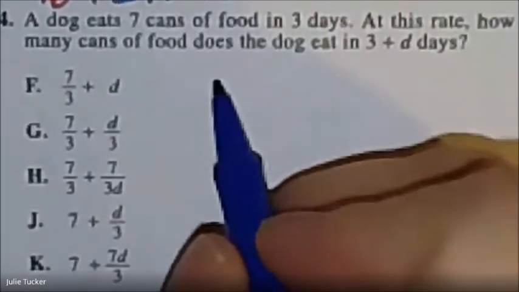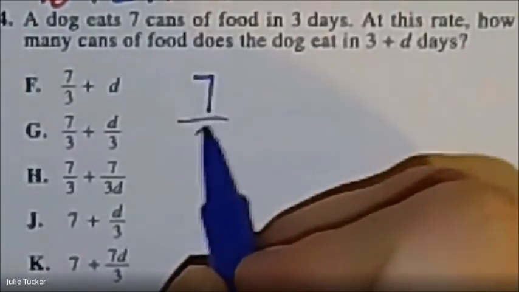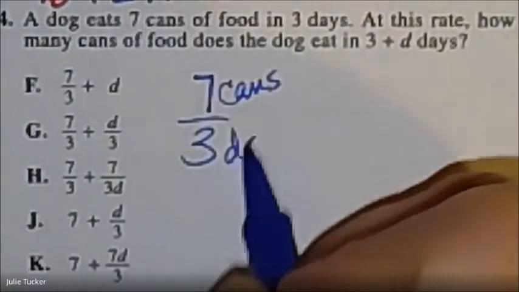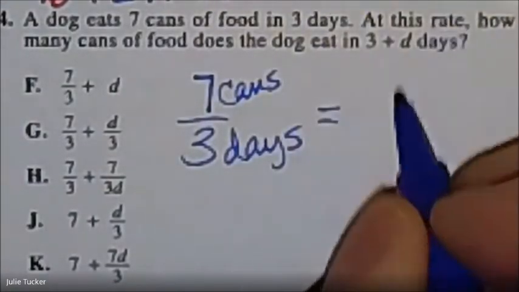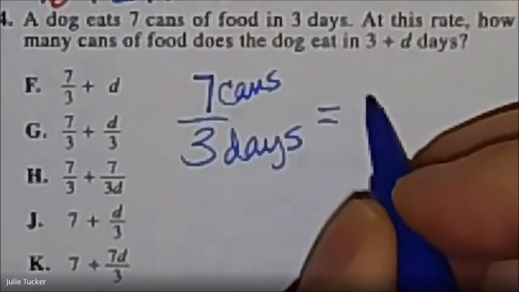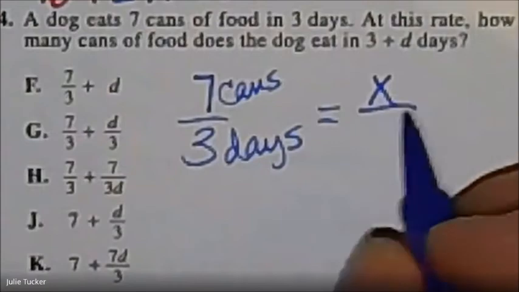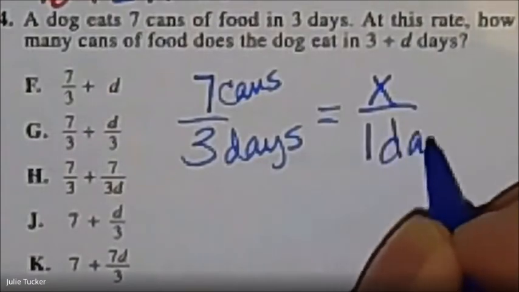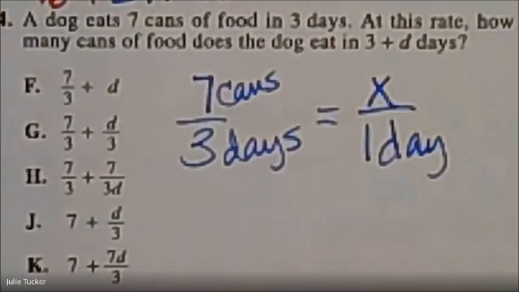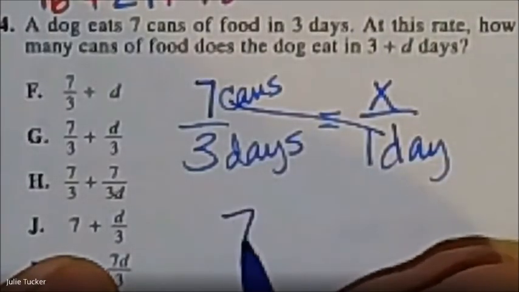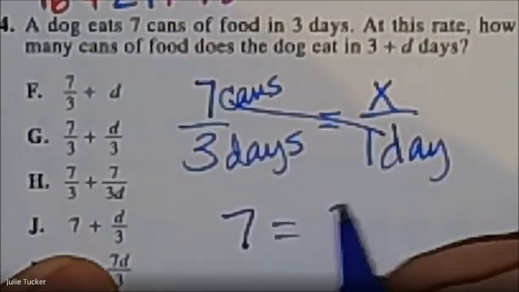Here's what we can do. 7 over 3. So this is 7 cans in 3 days equals how much for, you don't know how much, for 1 day. So we're going to go 7 times 1 is 7 equals 3x.